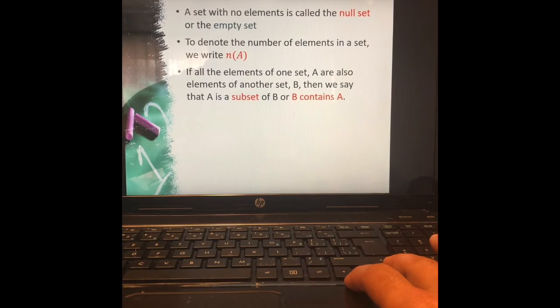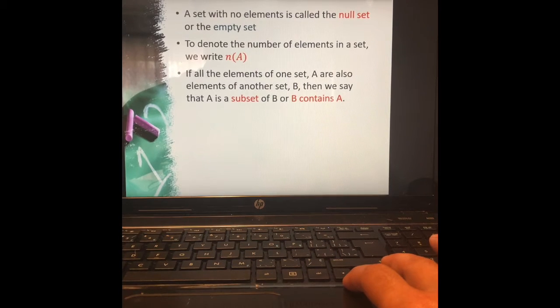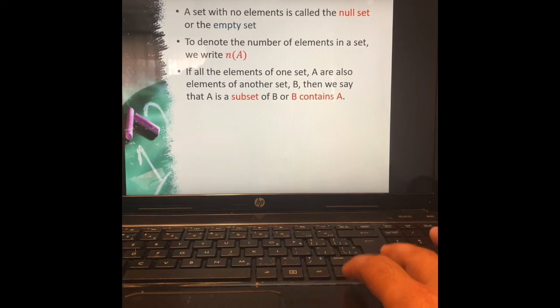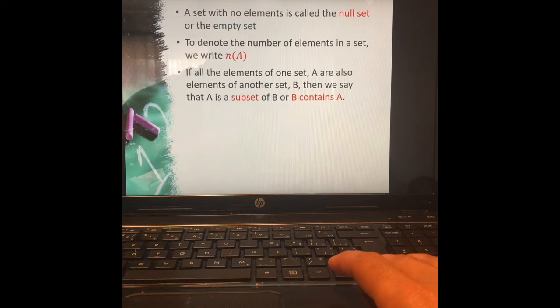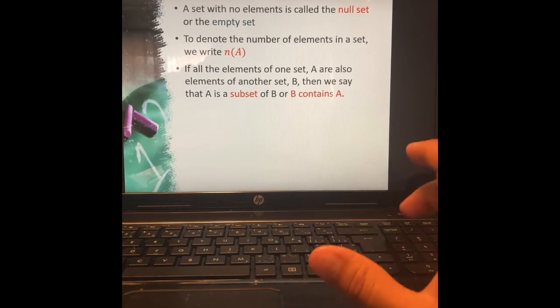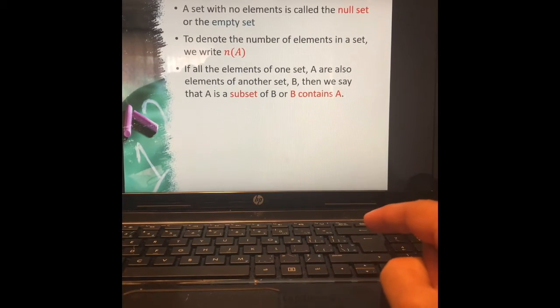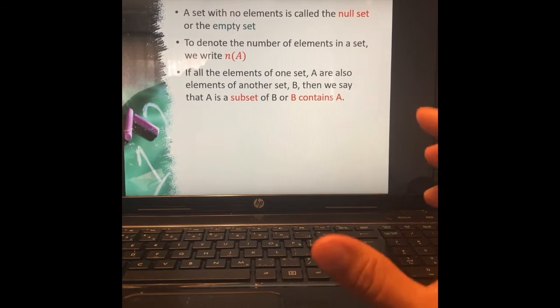If all the elements of one set A are also elements of another set B, then we say that A is a subset of B, where B contains A. Basically, if all the students in data are also in grade 12 university math as a group, then the data class is a subset of grade 12 university math in general.